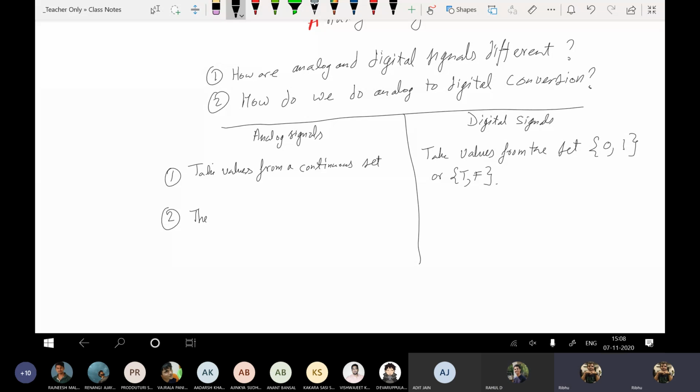Let's not go into the bandwidth. There's a simpler difference: analog signals exist, or are defined, for all values of time.